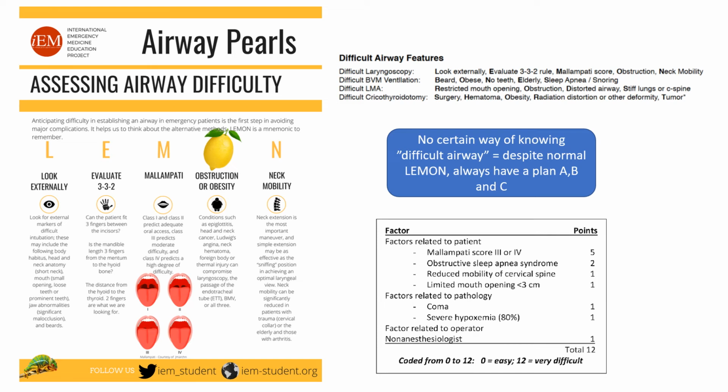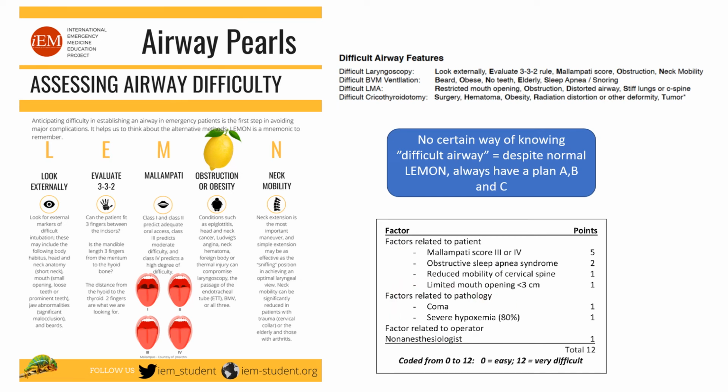The American Society of Anesthesiologists say, according to them, this is not evidence-based, but this is the only one which is evidence-based. It's very similar. This is what you call the Mallampati score, and it's anatomical stuff, and then there's also some physiological stuff.